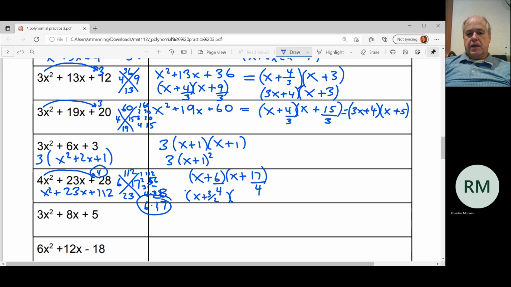This becomes, oh, I can't reduce 17 fourths anymore. X plus 17 fourths. Well, I bring the factors about to the front in both of them. That becomes 2x plus 3 times 4x plus 17.